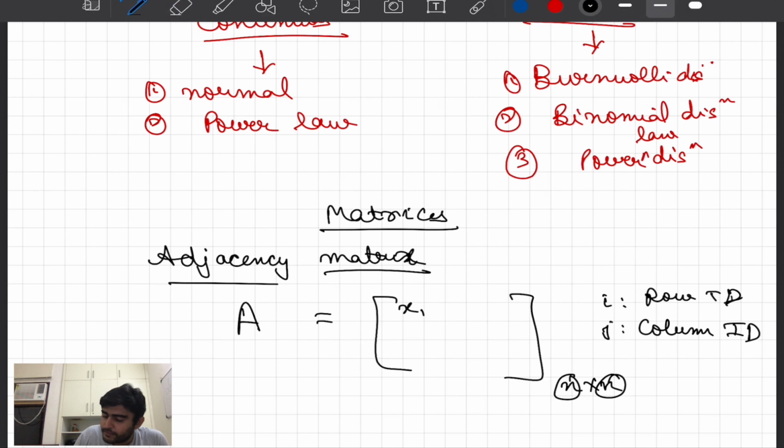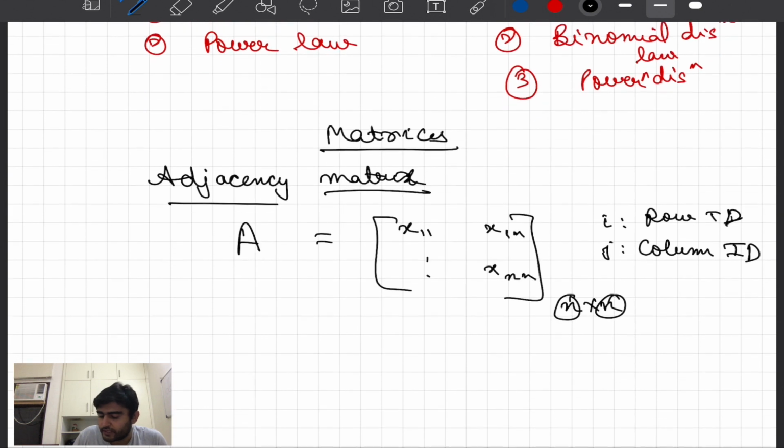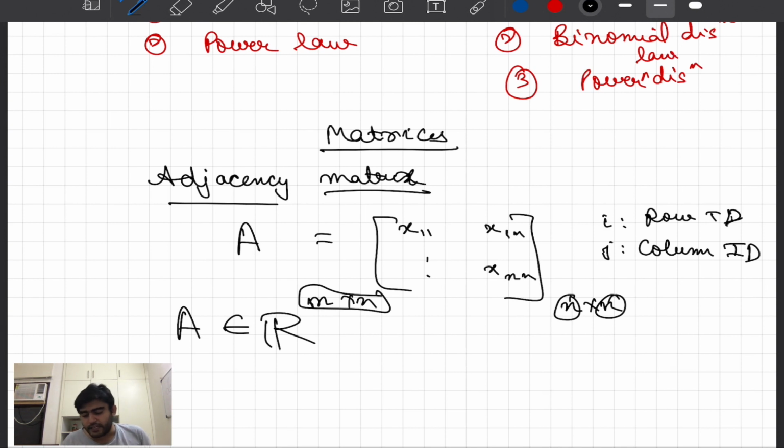So the first element would be x11, and the last can be written as xnn. This is the notation that we are going to stick to. Sometimes you see this written as A belongs to R to the power m cross n. This typically means that A is a matrix of size m cross n consisting of real numbers.